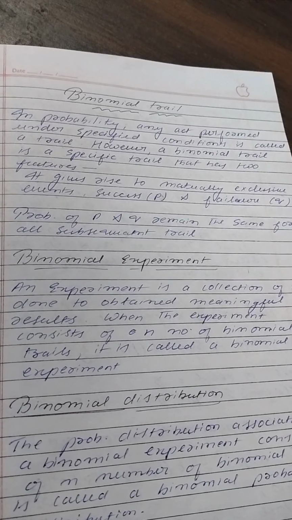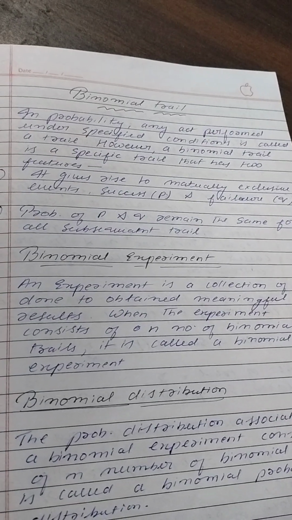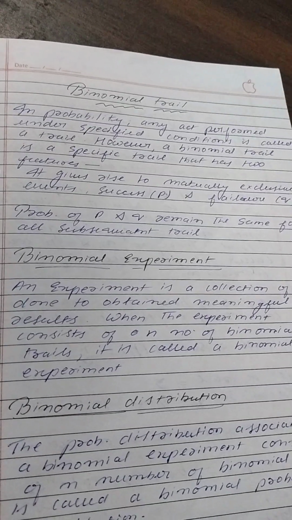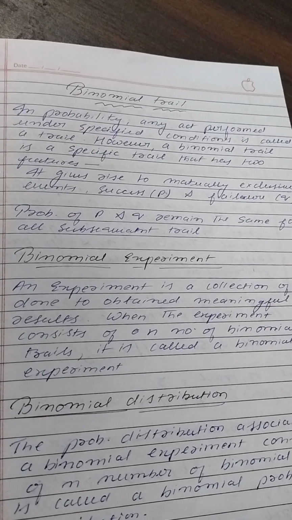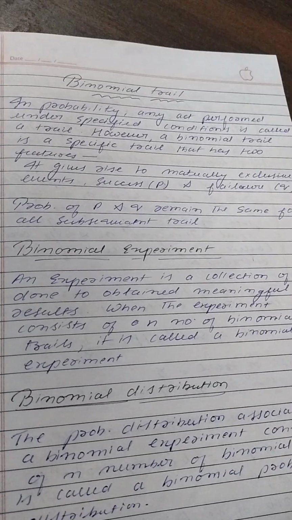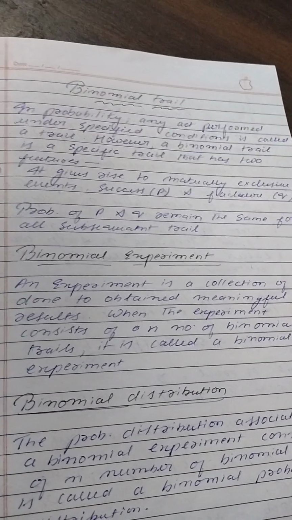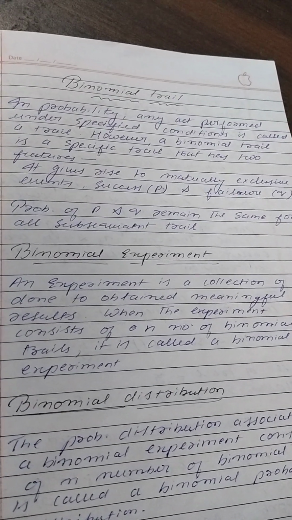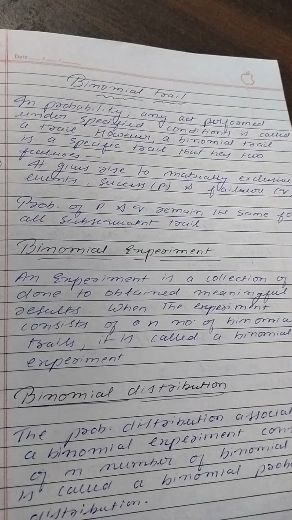You are experimenting something, so the act is performed under specific conditions, like there are some assumptions, some rules. So a specific condition is there and it is called a trial.